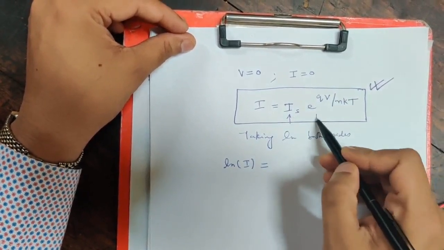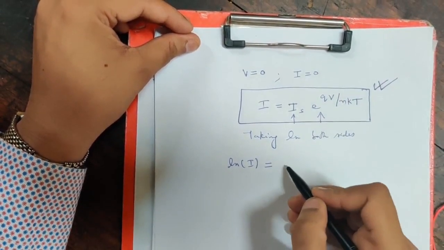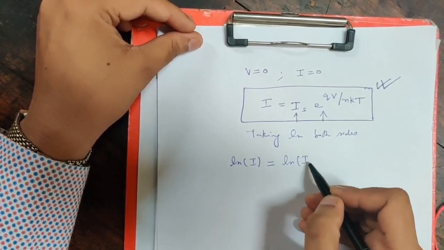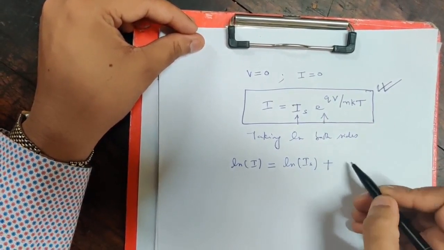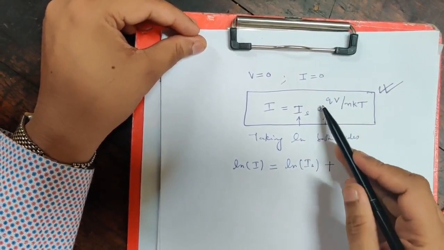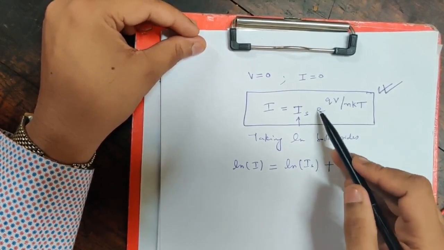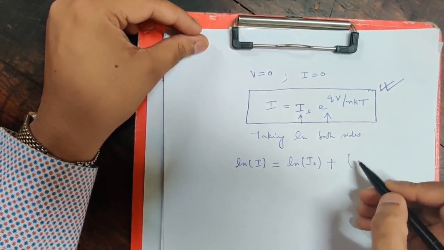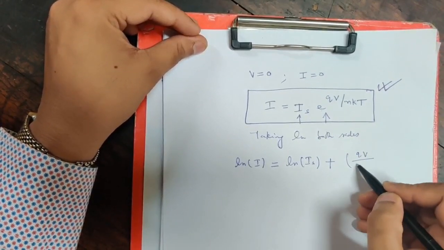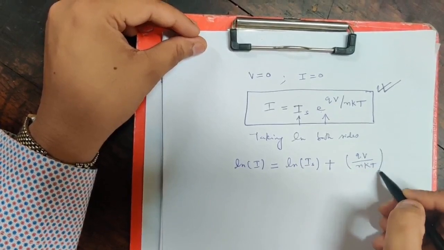One is this, another is this. So we can easily take this plus, and if I take log on this, then the exponential term and log will be cancelled out. Then my equation will become QV by N KT.